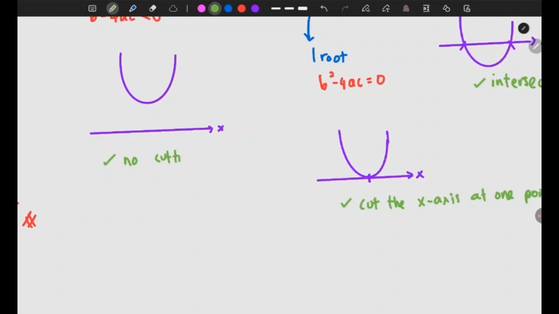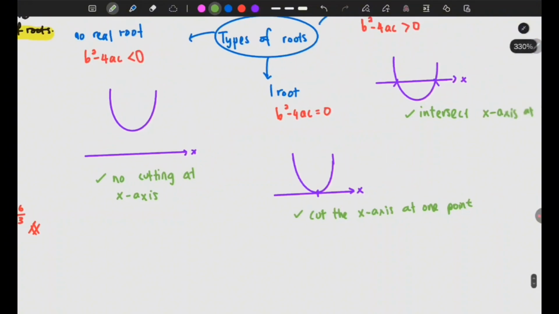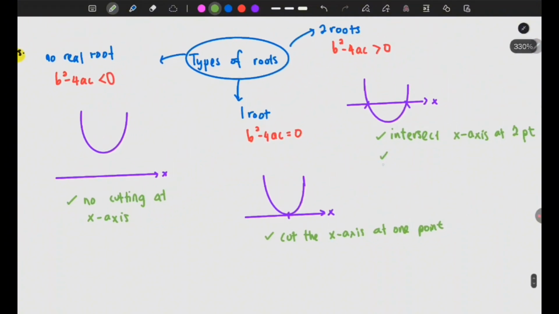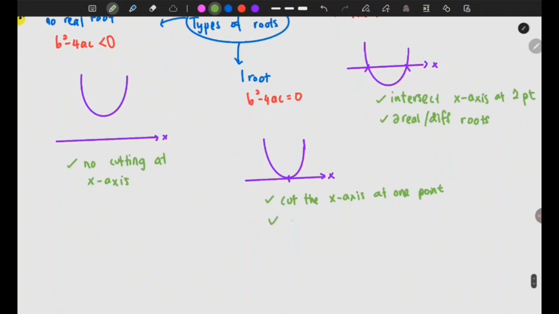So sometimes the keywords they usually like to mention are two real roots, two real or different roots. This one, two equal roots or one real root.